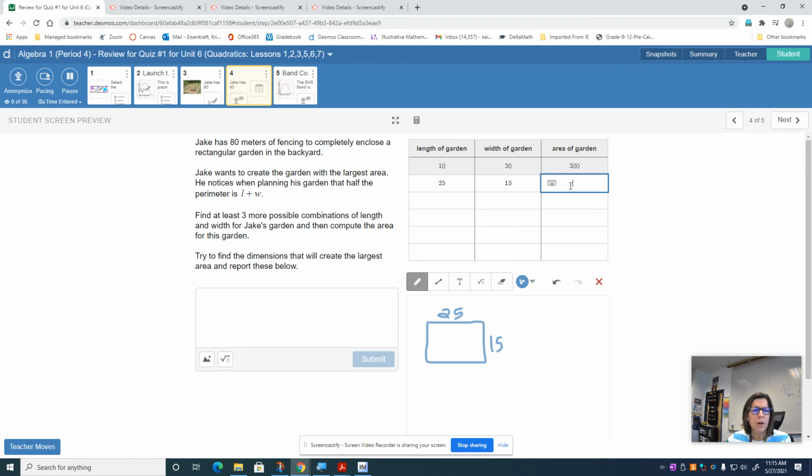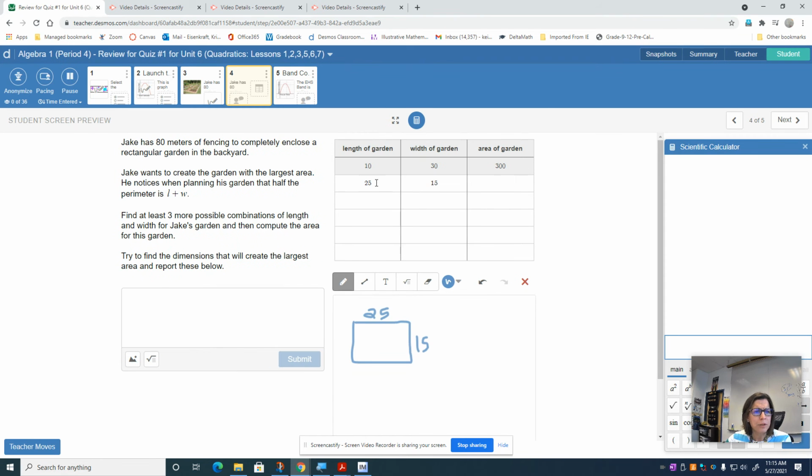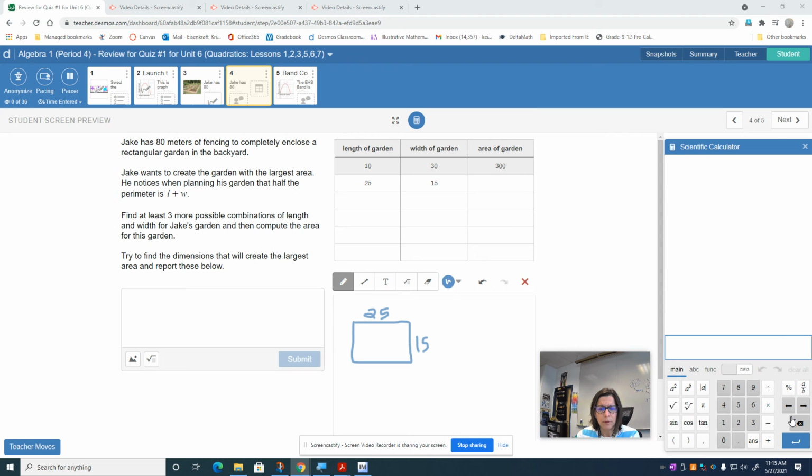I also then can multiply those two, 25 times 15, to find the area, and say, does this make a bigger area? Well, it makes a bigger area than our first 10 by 20. What if you did something crazy like a 5 by 35?